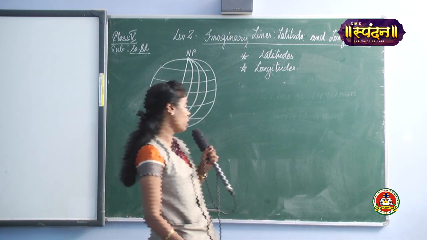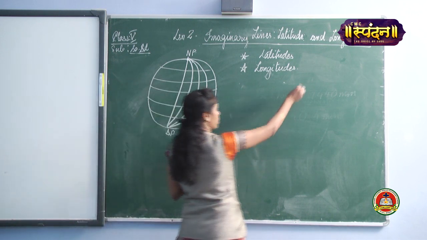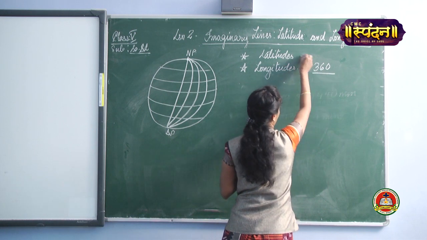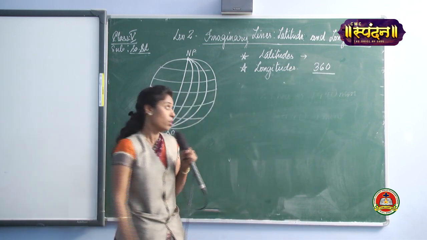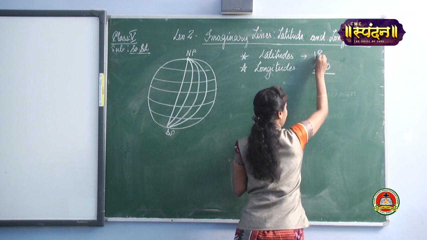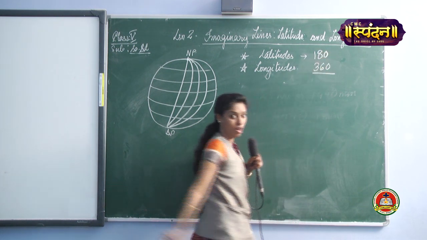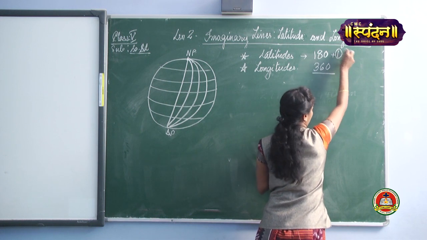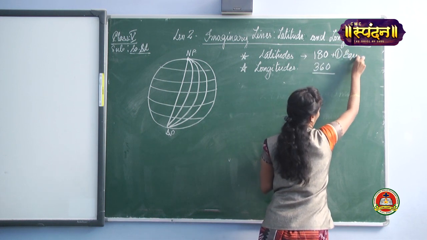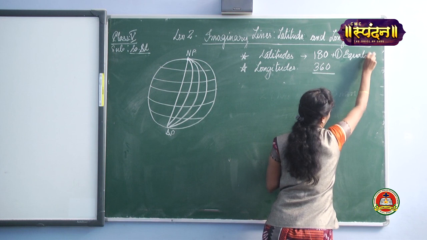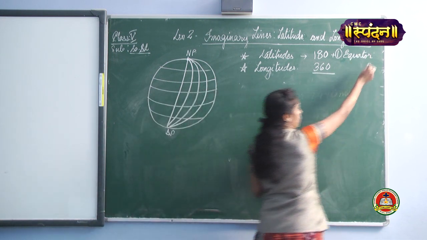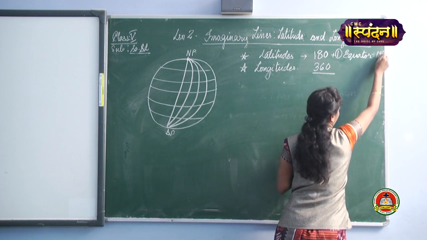Total number of longitudes you had 360, and number of latitudes you had 180. In all, adding 1 as an equator, that you included, right? So it becomes 181 latitudes in all.